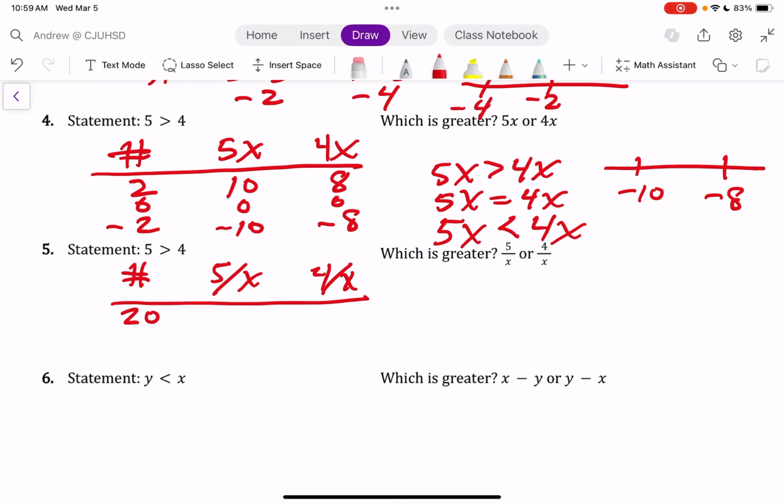If it's 20, 5 over x is 1 over 4 if you reduce it, and 4 over x is 1 over 5 if you reduce it. 0? Oh, undefined. Can't divide by 0. And a negative number would be -1/4.